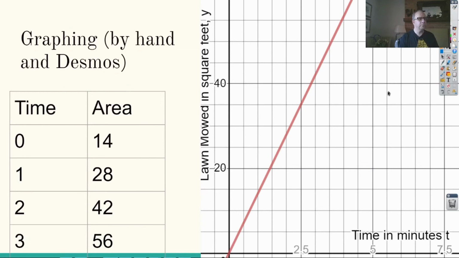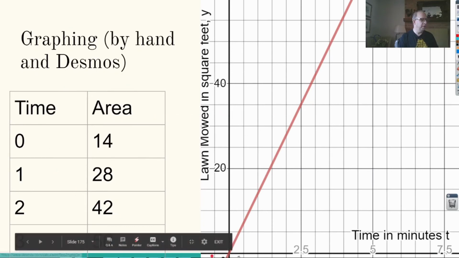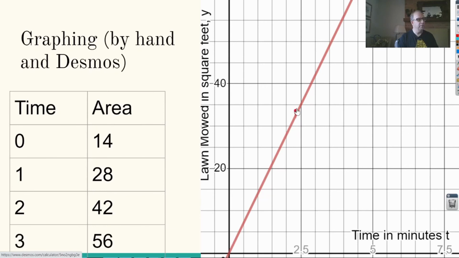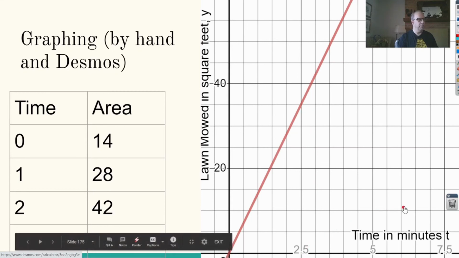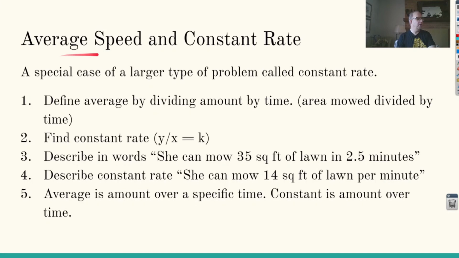Okay, so let's take another. If I graphed it, every time I go over 1, I go up 14. Over 1, go up 14. That's called the slope of this line. Every time I go over 1, I go up 14. All right. So average speed and constant rates are a special case of a larger problem called the constant rate problems.